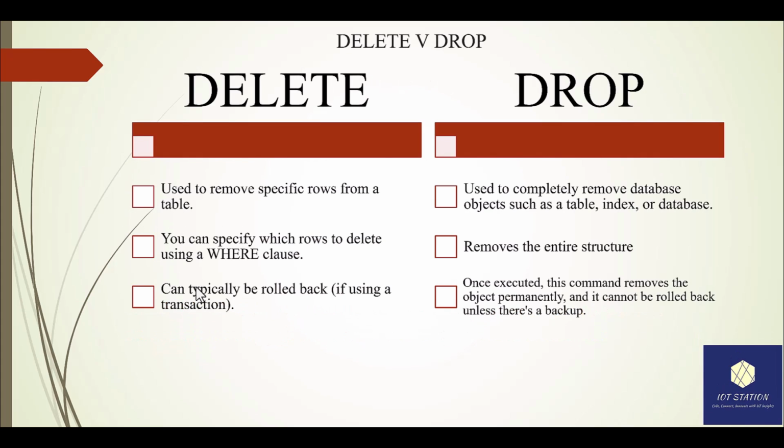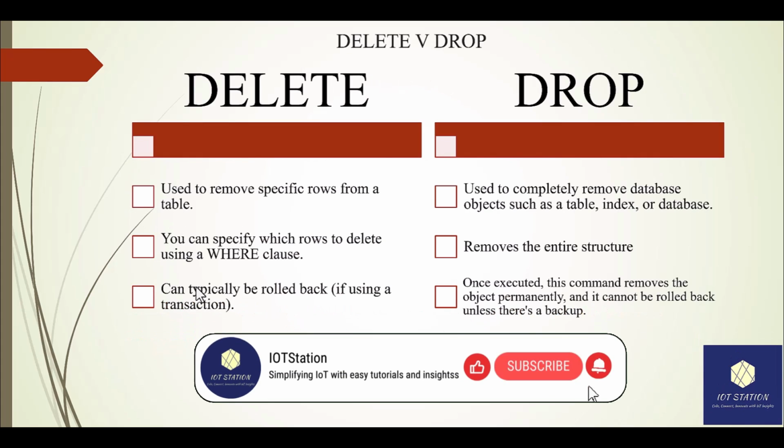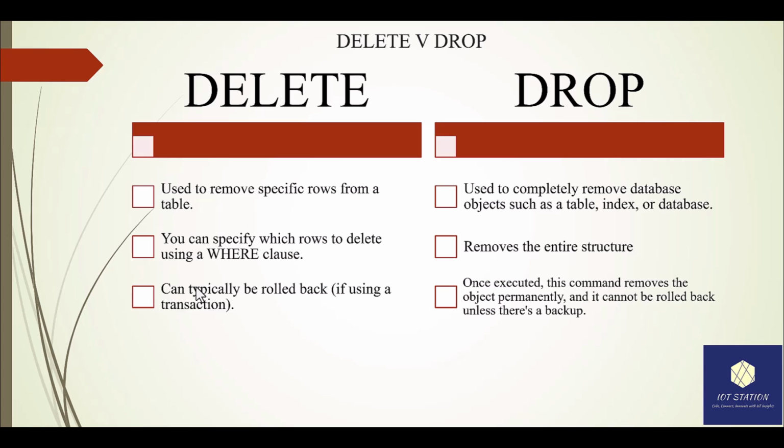So let's jump to a very short comparison between delete and drop. In delete, basically you remove specific rows from a table, and you specify which rows to be deleted using the where clause.